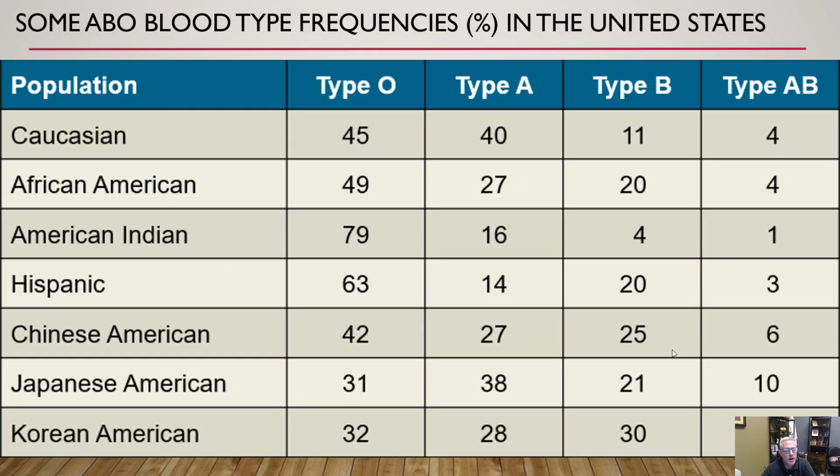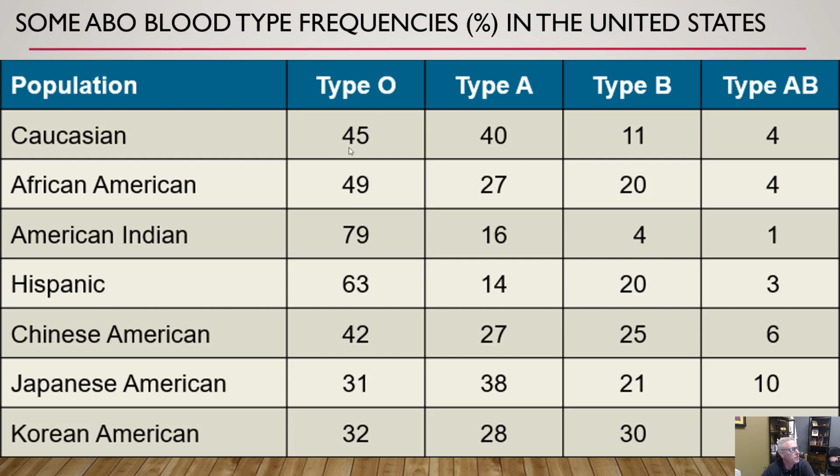All right, so obviously you don't have to know this chart. This just shows you how the types of blood vary by race in the United States.